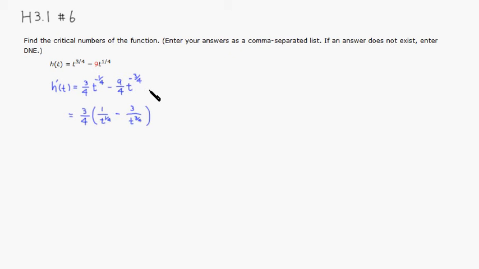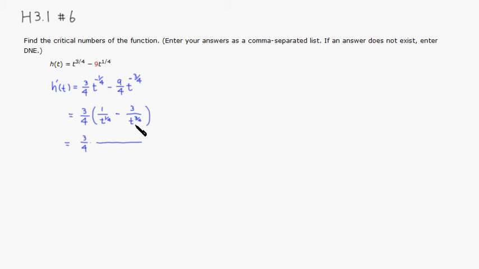Then what we can do is take the common denominator to put them together. So 3/4 is just a number, then times.